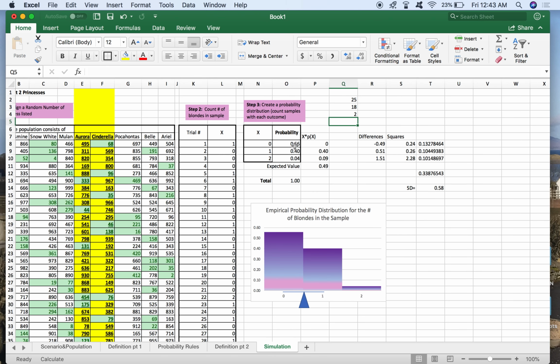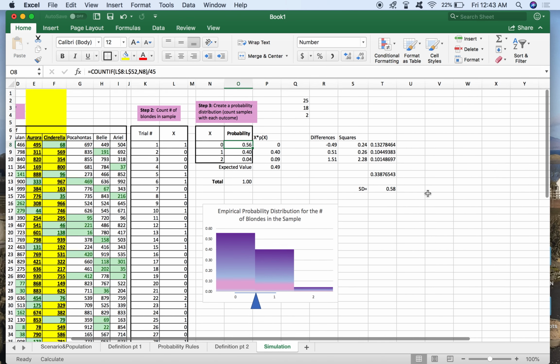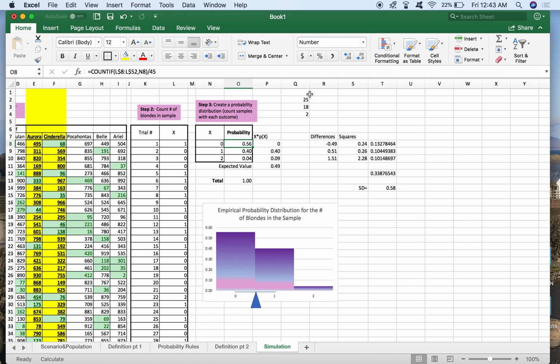So then I went ahead and divided by 45 for each of them to get the probability, and made sure they totaled 1. And so then I went ahead and found the mean, or the expected value, and then the standard deviation. And just like the last time, I went through and found it like Professor Barron.